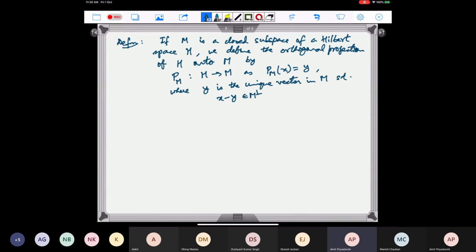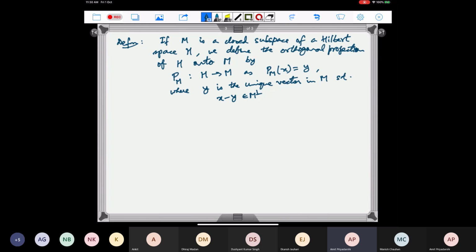Right, so we saw from the previous theorem that x can be written as y plus z, where y is in M and z is in M perp. So we define this PM of x to be that y. So this is the orthogonal projection, and you can check that this is actually a linear map, and of course it will be continuous also.